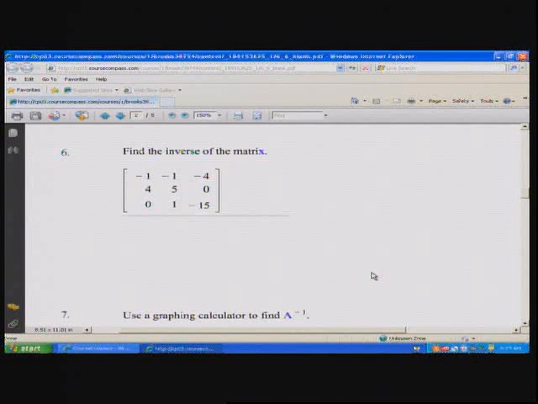We got it. Okay, so Marlon, are you ready to tell me what you got for your answer on number 6, please? Go ahead. We got 75, 19, -20, -60, -15, 16, -4, -1, and 1.